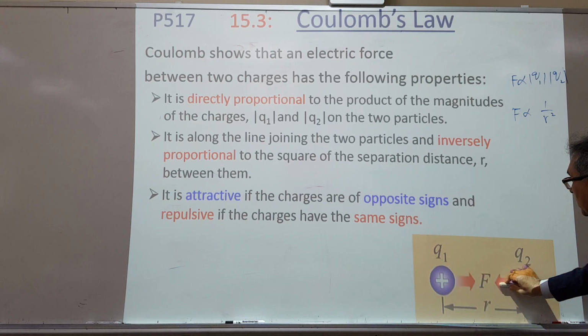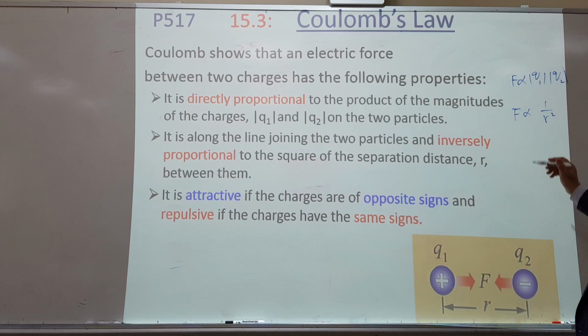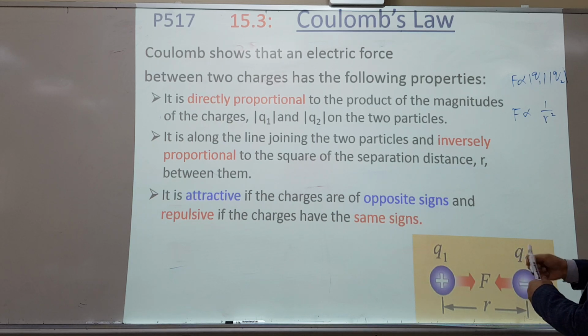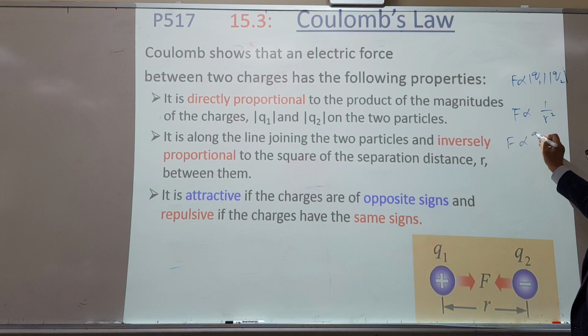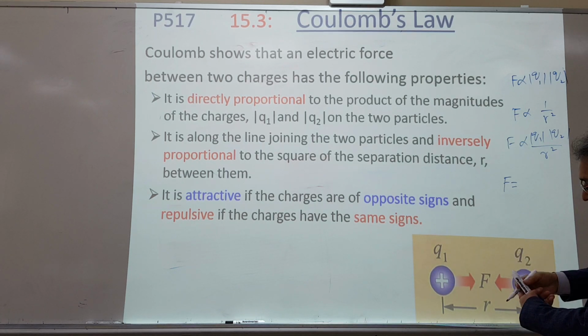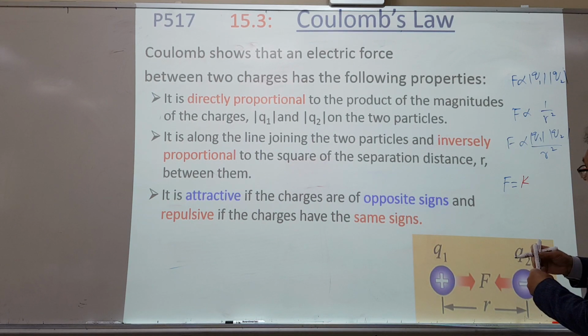This is the line joining the two centers. So if I combine these two, I would write Q1 multiplied by Q2 over R squared. And if I remove this symbol of proportionality, I must write some constant K.